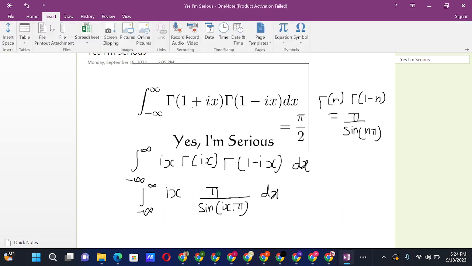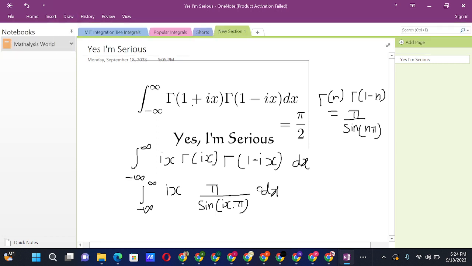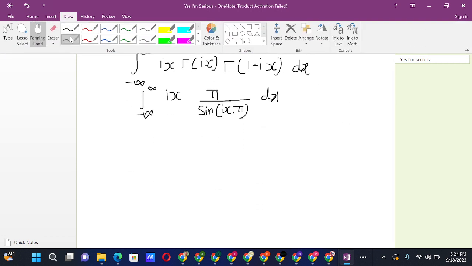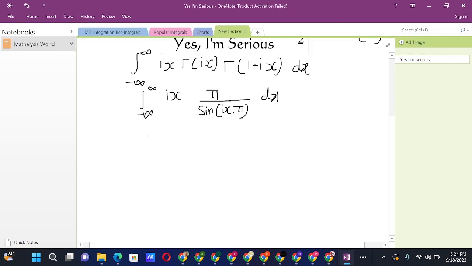Now we will use the other formula that I told you earlier, that sine of i theta is just i times sinh theta. That will lead us to the integral from minus infinity to infinity of ix times pi by i times sinh of pi x dx.